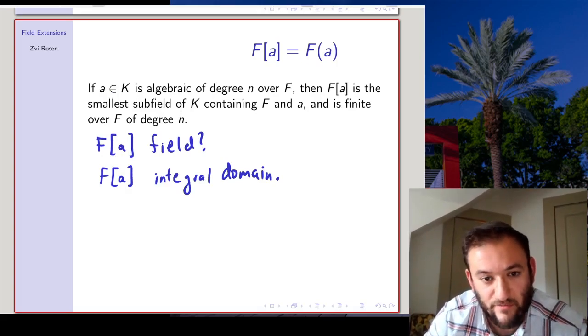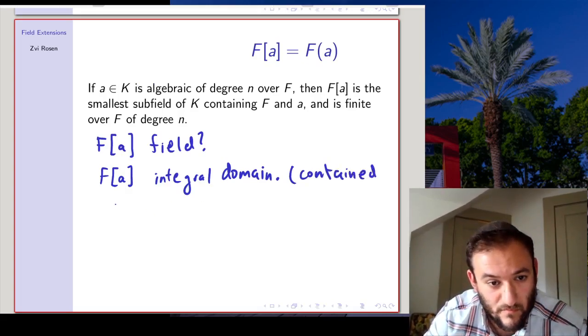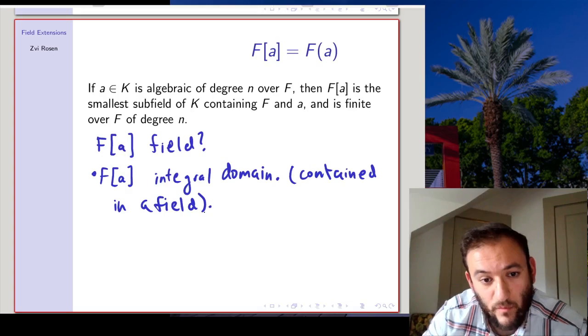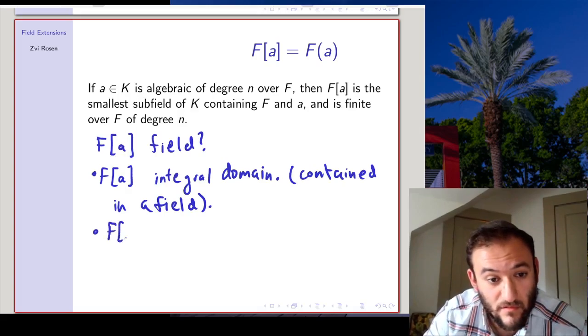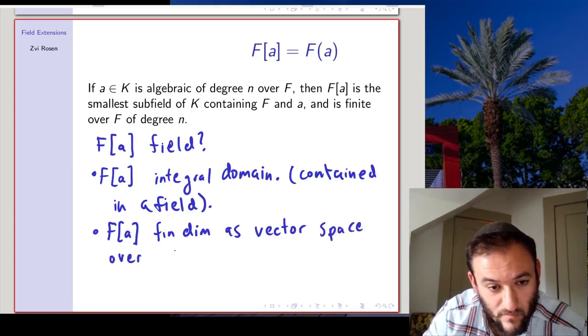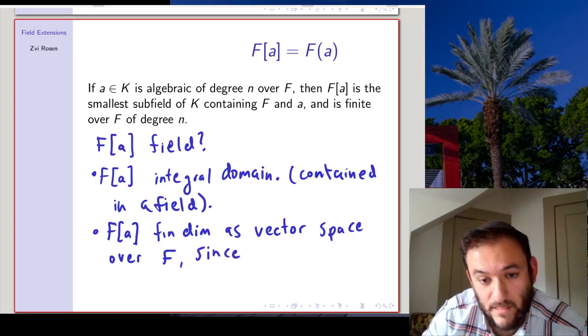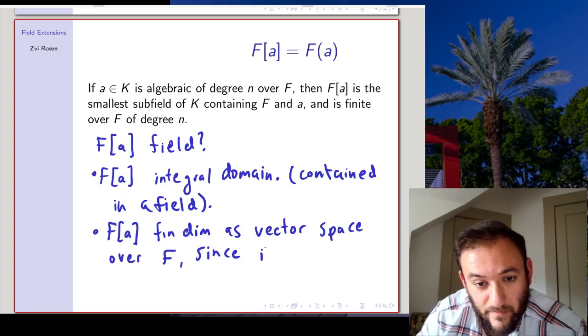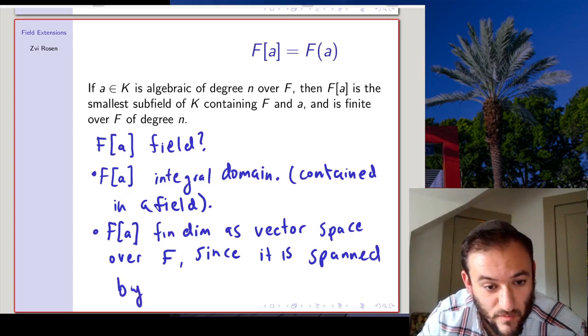Since it's contained in a field, it doesn't have any zero divisors. And we also know that it's finite dimensional as a vector space over F, since it's spanned by 1 through a to the n minus 1.